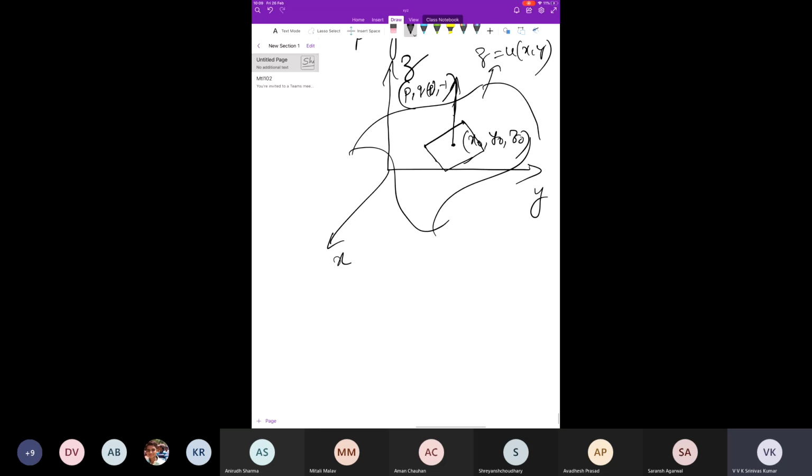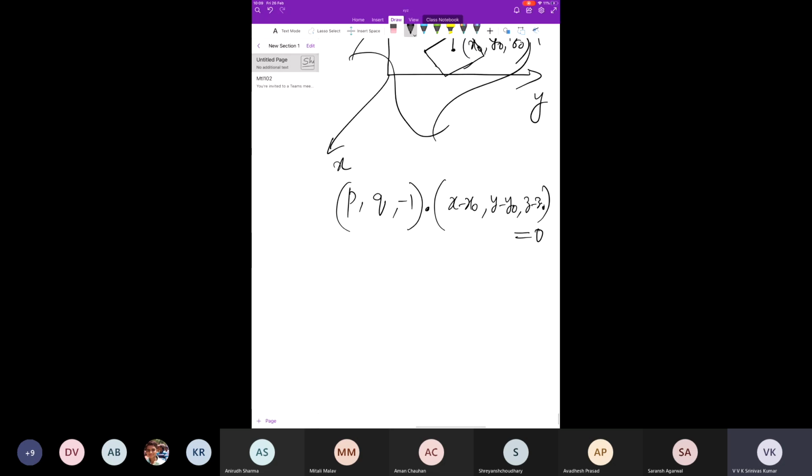What is the equation known to us? It is p, q, minus 1, passing through the point. So x minus x naught, y minus y naught, z minus z naught is equal to 0.